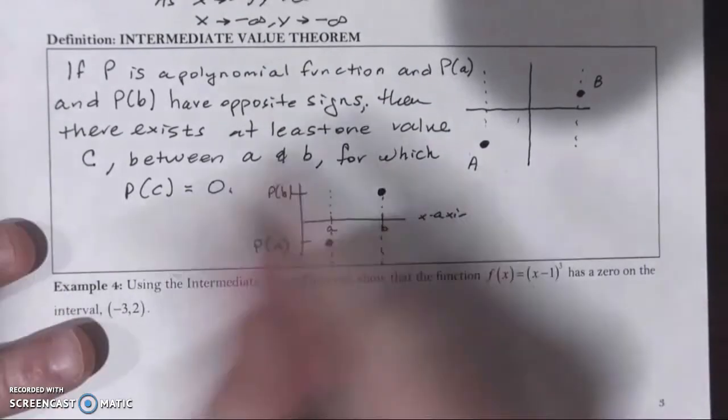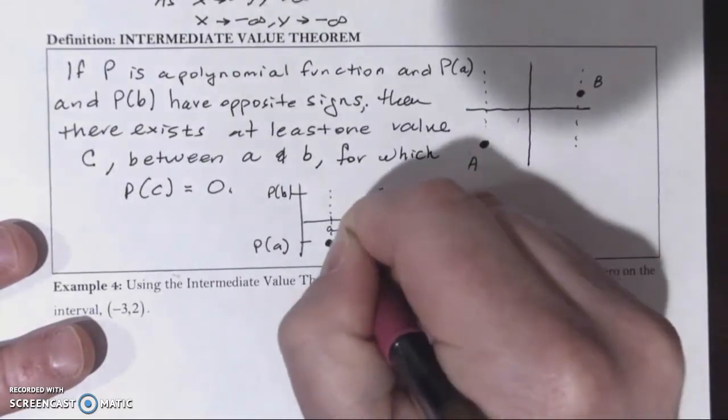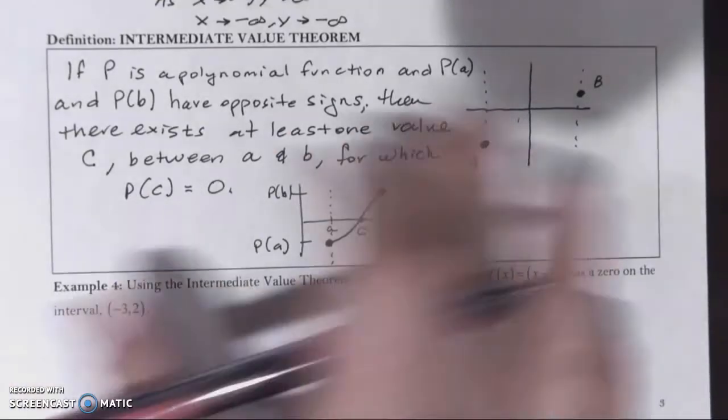P of C would equal 0. Somewhere along it, we can put it randomly. At some point, this polynomial function has to cross the x-axis. There has to be one or more zeros between A and B.